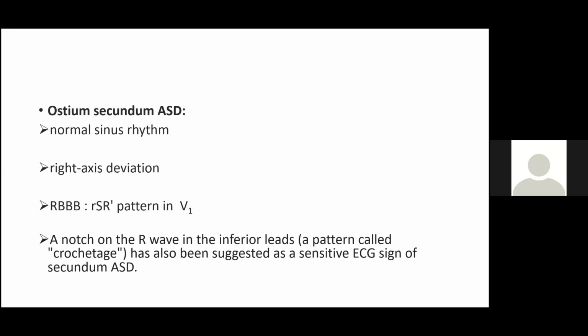So there'll be RV overload, right? Yes, sir. That's the same reason why they have a right bundle branch block, and the same reason why they have right axis deviation, because of the RV overload. You get that, sir? Yes, sir. So why do they have a left axis?